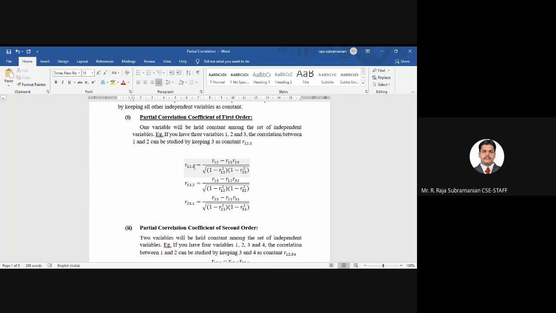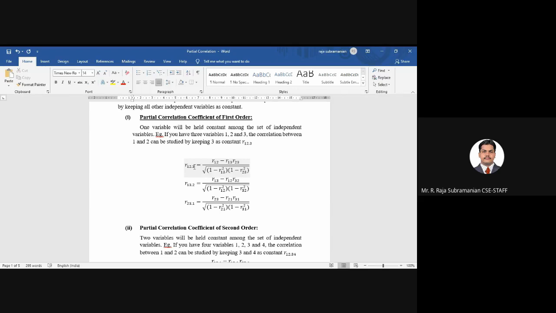Both humidity and temperature influence rainfall. But if I want to study rainfall with humidity alone, I need to make temperature constant. That is actually called the partial correlation coefficient, because the output variable rainfall is dependent on both humidity and temperature, the independent variables.